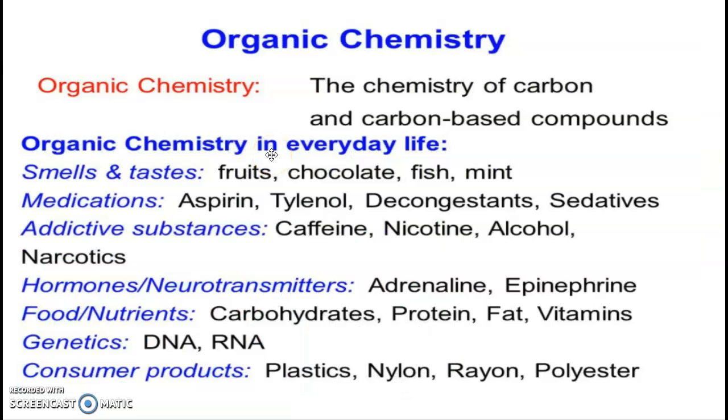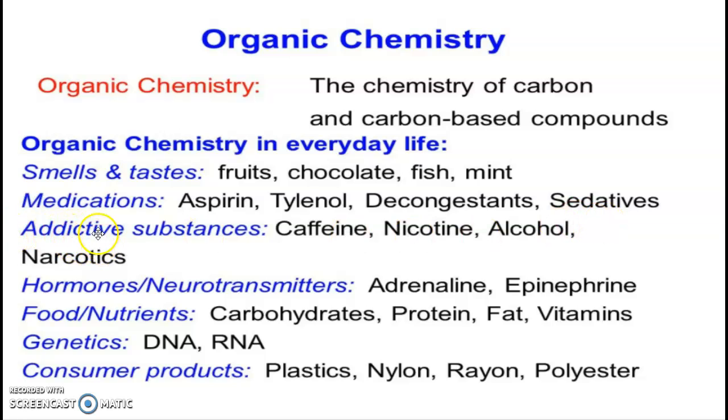When we talk generally about organic chemistry in our everyday life, like smell and taste, for example fruits, chocolates, fish and mint, these are smelling items which have some amount of chemical reagents or organic compounds which give smell and taste to the product. In the medication field we have aspirin, Tylenol, decongestants and sedatives.